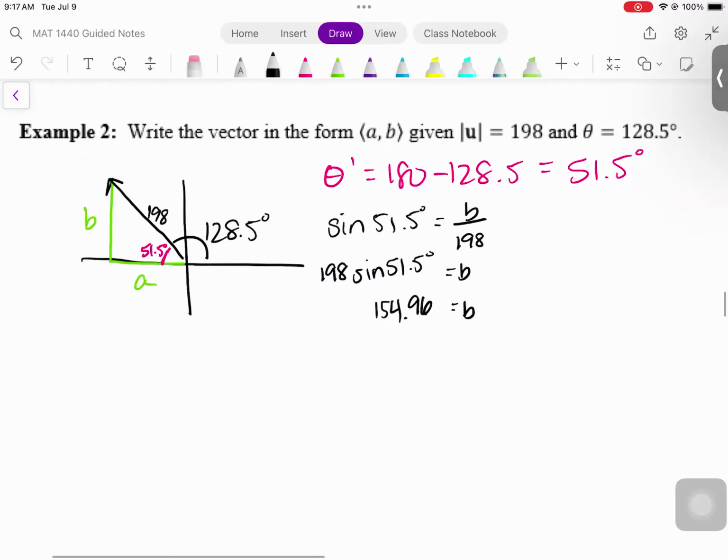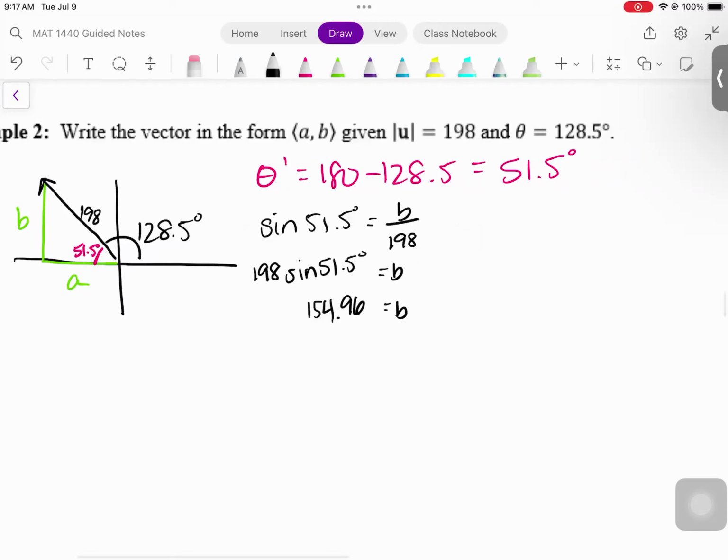Now, likewise, we can use cosine of 51.5 degrees to find the length of A. Cosine of 51.5 degrees is adjacent over hypotenuse, or A over 198. So A is equal to 198 times cosine of 51.5 degrees.